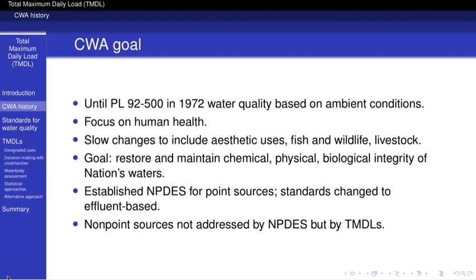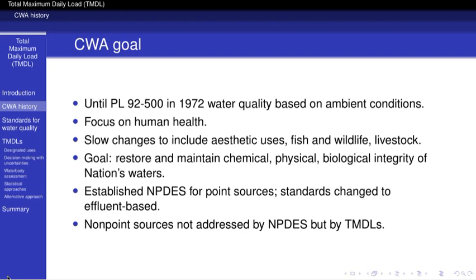The 1972 CWA expanded the goal to, quote, restore and maintain the chemical, physical, and biological integrity of the nation's waters, end quote. Despite the 1987 Act's refocus on ambient conditions, regulatory focus has remained on point sources, those discharging pollutants into receiving waters at specific locations.